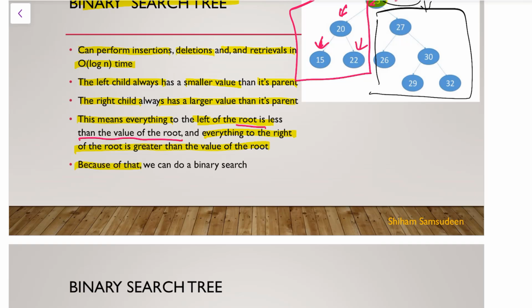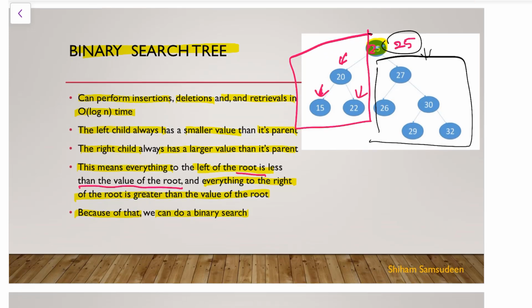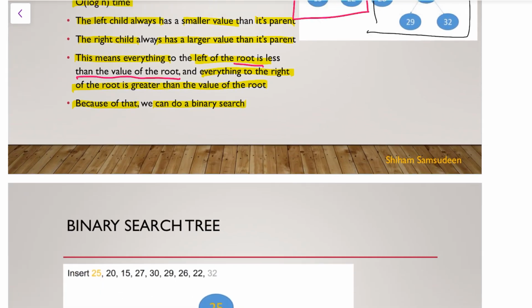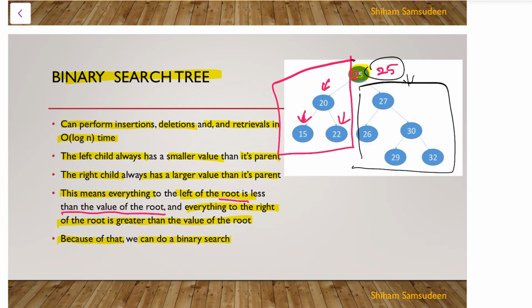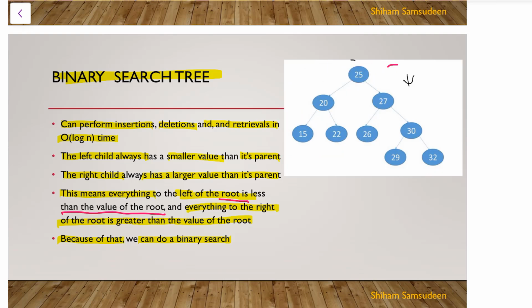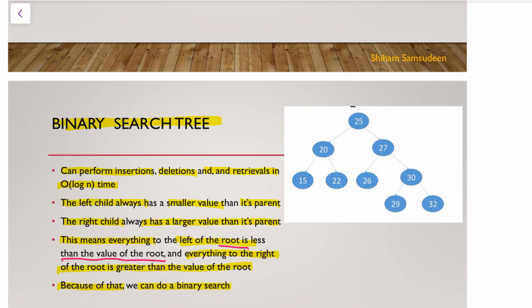Because of that, we can do a binary search. What binary search means is, if I want to search for, for example, 30 in this tree, I would come here and compare the values. The root is 25 and I want to search for 30. Because it is greater than 25, I will not go to the left, I will go to the right.